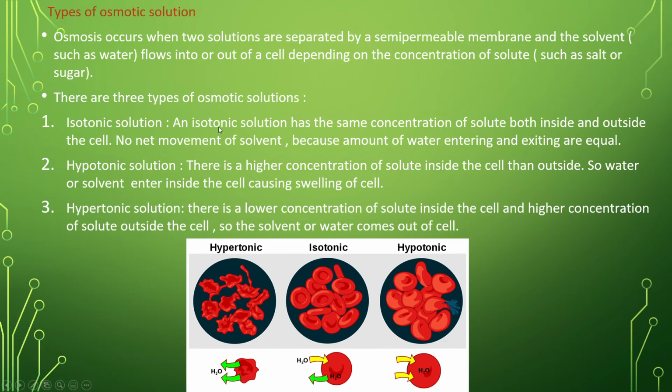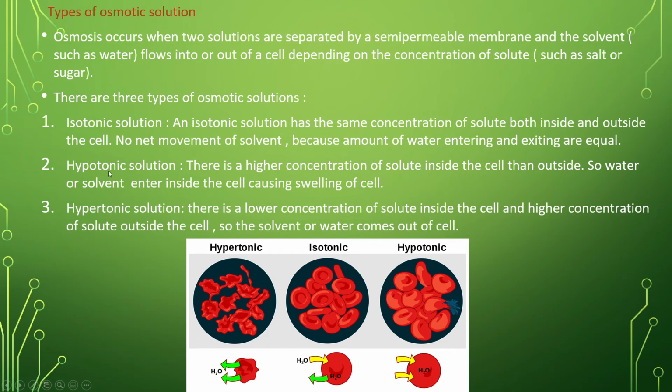That means an isotonic solution has the same concentration of solute both inside and outside of the cell, so there will be no net movement of water from inside to outside or from outside to inside. Water will go inside and water will go outside also, but there will be no change in the structure of the cell because of the same concentration of solution.